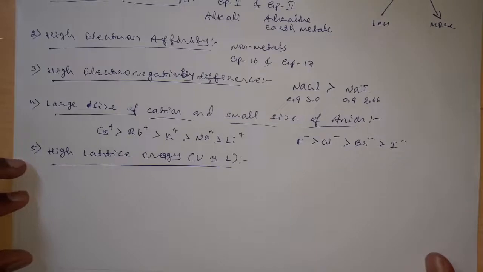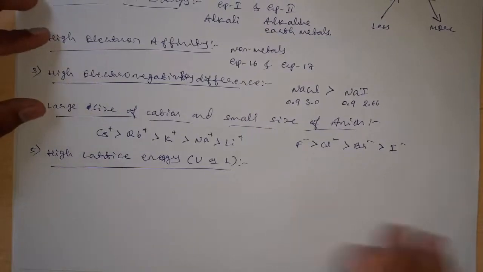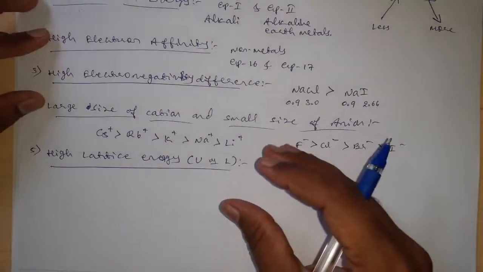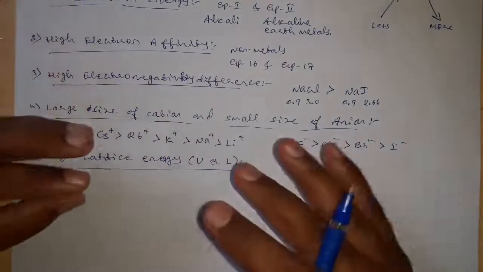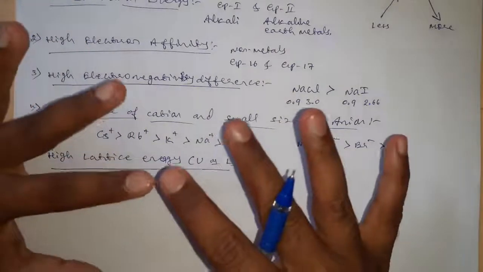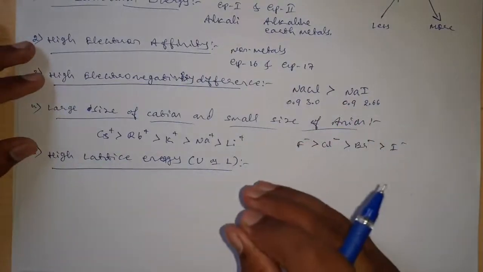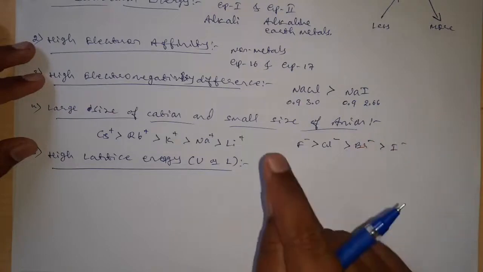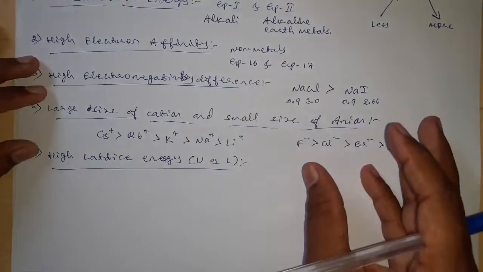High lattice energy. Then what do you mean by lattice energy? It is the amount of energy released when a cation and anion are brought from infinite distance to their respective sites in forming an ionic compound. Or we can say lattice energy is the amount of energy released when 1 mole of a crystalline solid is formed by the combination of oppositely charged ions.